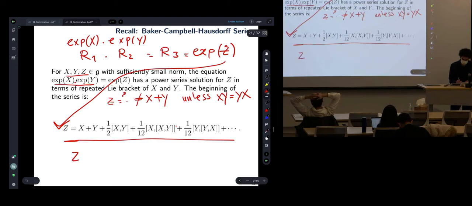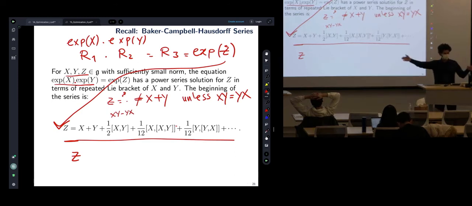So imagine we could collect all the linear terms. The bracket will be, of course, XY minus YX, right?